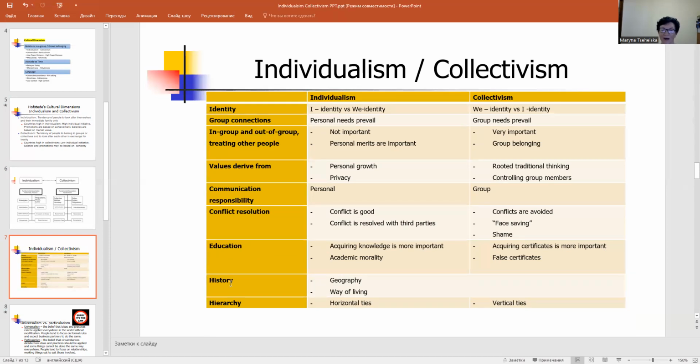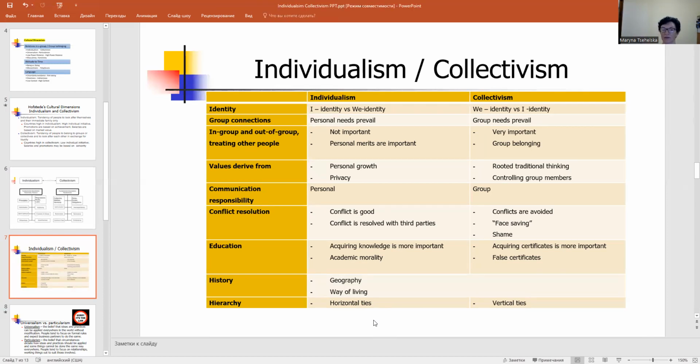So why did these countries develop this way? Usually it is very much influenced by geography and by the way of living, and also all the things such as geography and way of living are important for the ties inside the society.